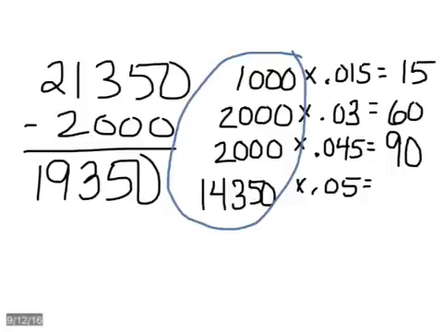What is 14,350 times 5% or times 0.05? Say it again, Francis. 717.5. Okay. Now if I add those together, what's 15 plus 60 plus 90 plus 717 and 50 cents?